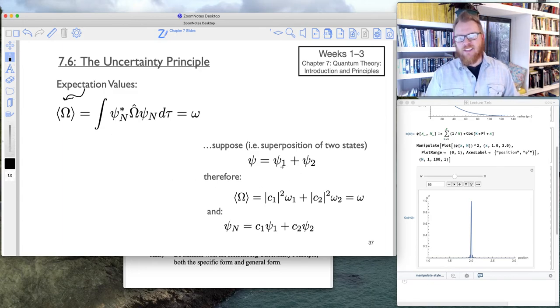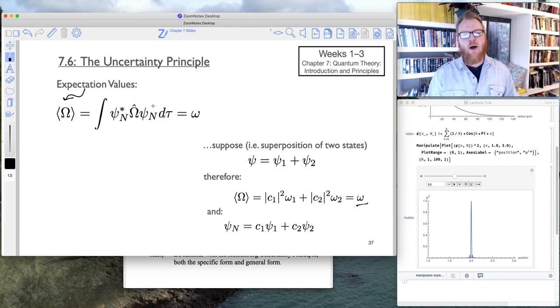And again, going on this example of maybe just supposing two states, so a superposition of two states, okay? So mathematically speaking, the expectation value will be the square average of those results, okay? Which is given by omega.